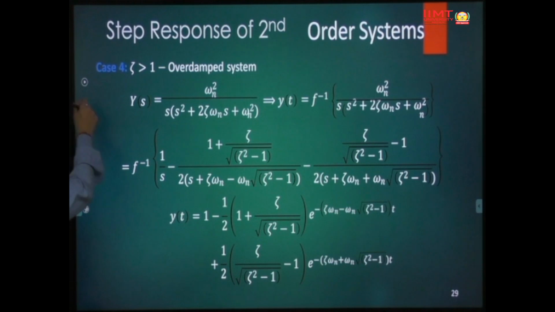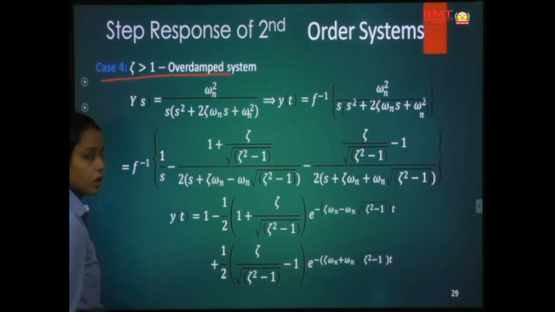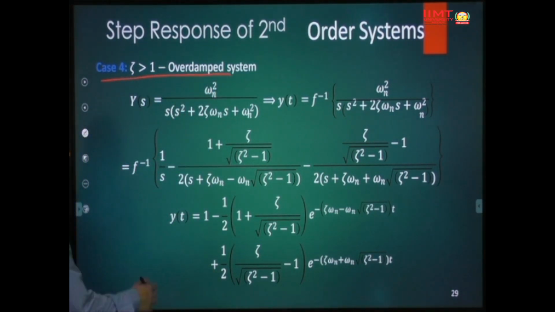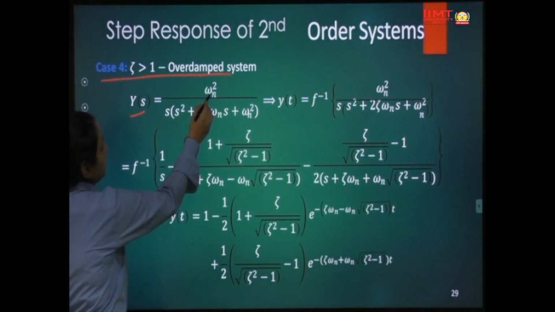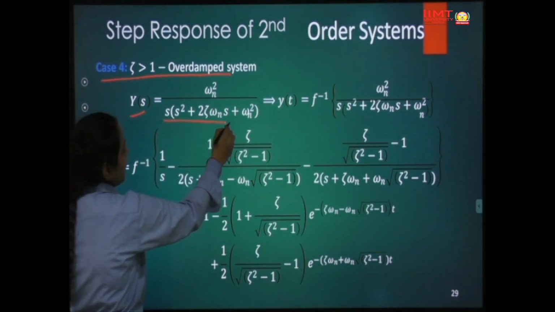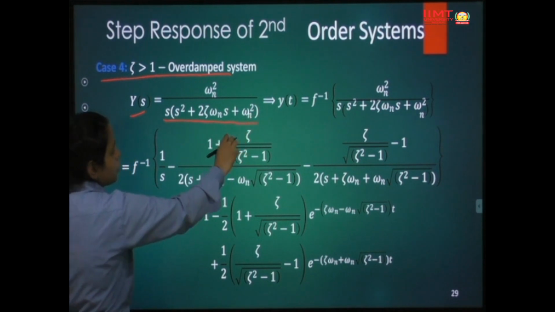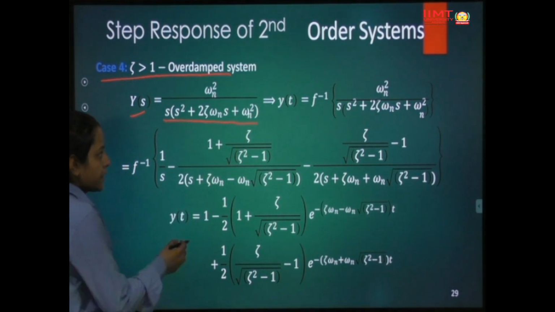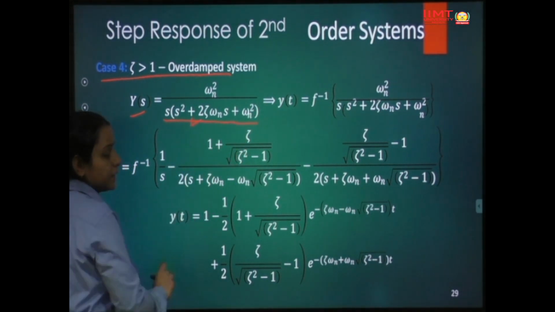Okay, so next one is when zeta is greater than 1, or the overdamped system. Here Y(s) is equal to omega n square upon s square plus 2 zeta omega n s plus omega n square. As zeta is greater than 1, we will have real roots.